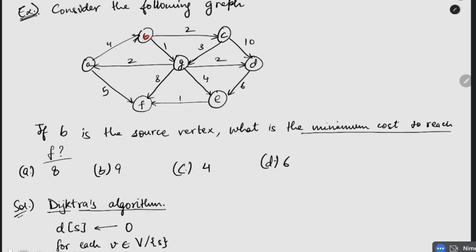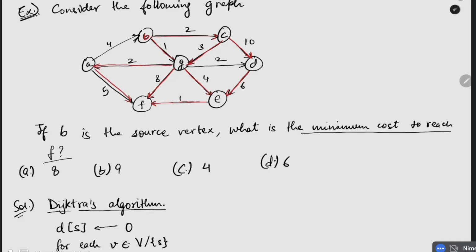So from B I can go to G, or I can go to C. From G I can directly reach F, that is one way, or I can go to E and then go to F. That is another way, right? And then from C, I can go to G and then take from G, from E to F, right? And then from D to E, and then I could have taken this also, right?